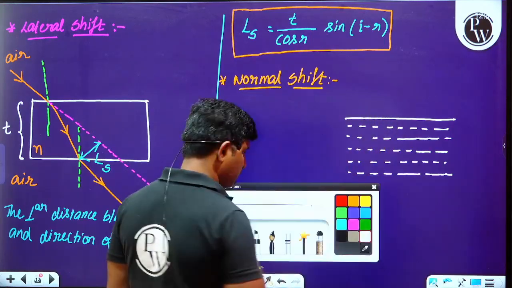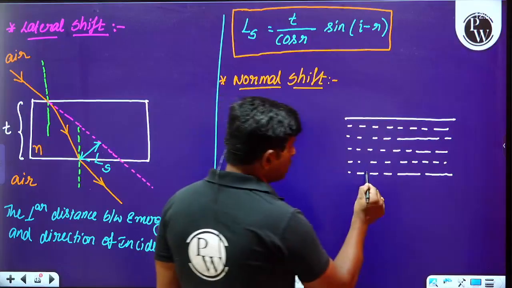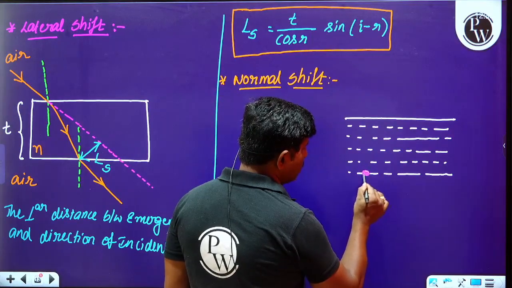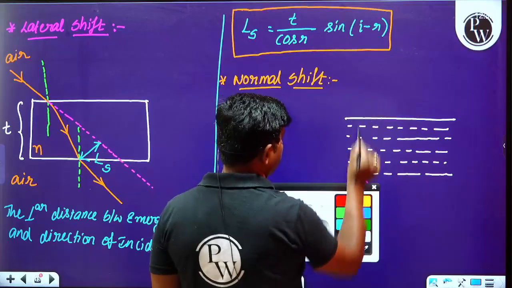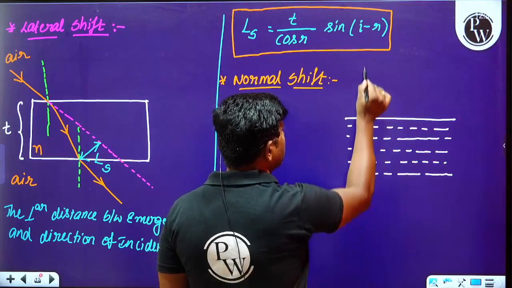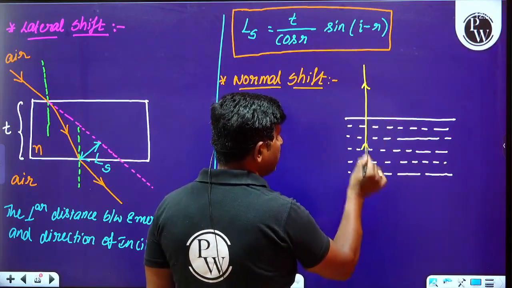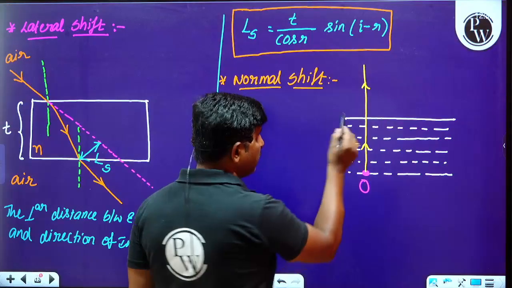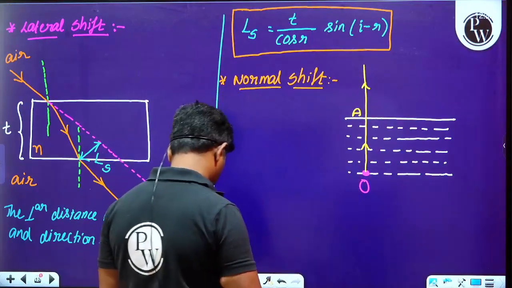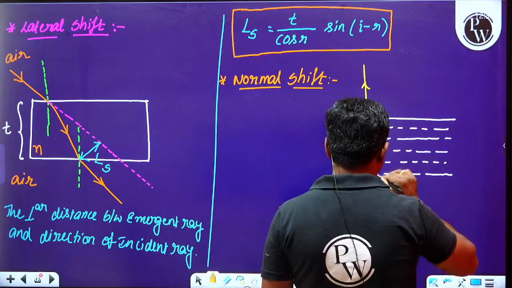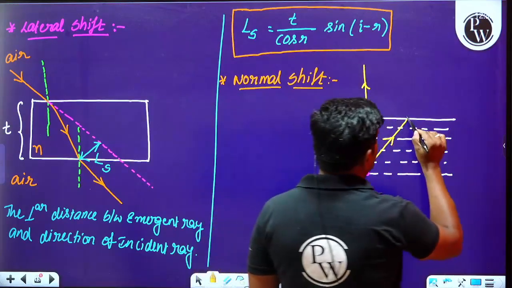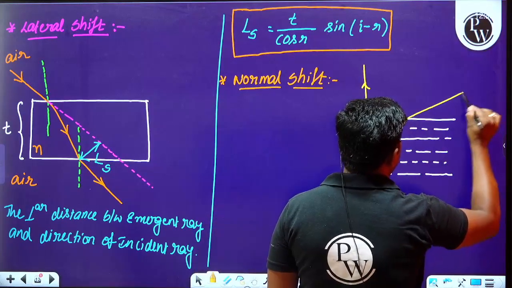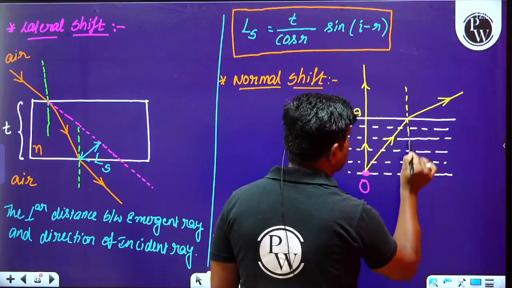I will represent normal shift only through the diagram. Let O be an object. A light incident normally will go without any deviation through the point A. But whenever a light is incident on the surface at some point, it will get refracted, as shown in the figure.